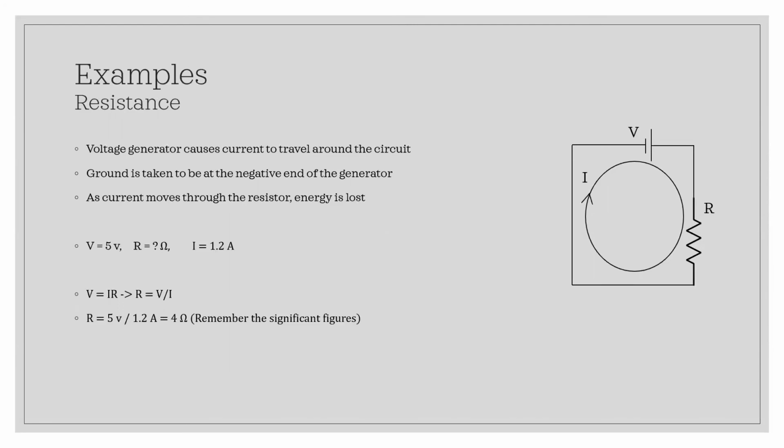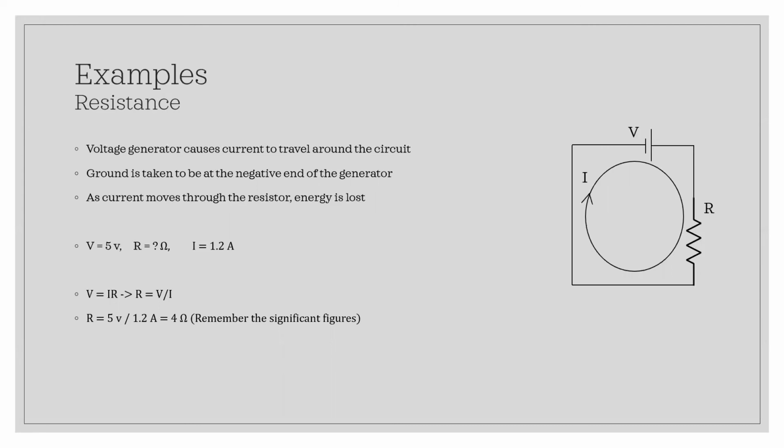To determine resistance, we're going to use the same circuit setup, but change the values a little bit. We know that current is 1.2 amps, and we don't know the resistance. Following the same logic as the previous example, all 5 of the volts must be lost across the resistor, and all of the current must pass through the resistor, since it's not a parallel circuit, it's only in series.